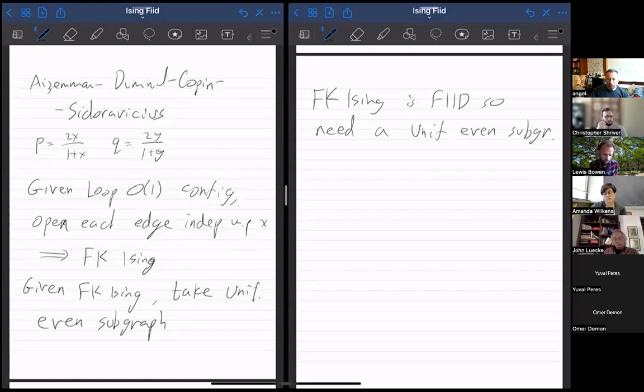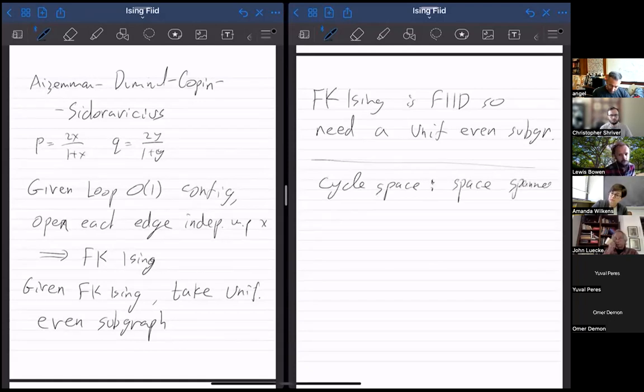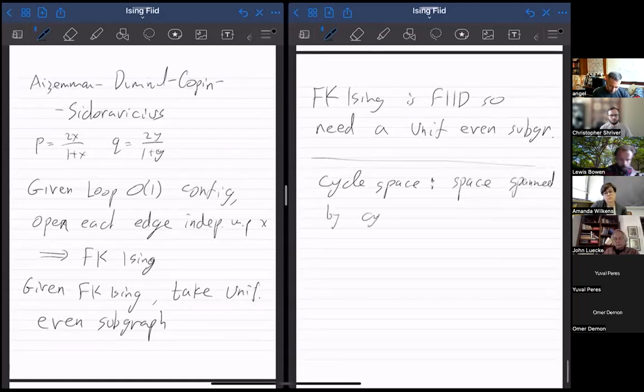So the key idea is to look at the cycle space, the space of all even subgraphs. It's the space spanned by cycles in a graph G.